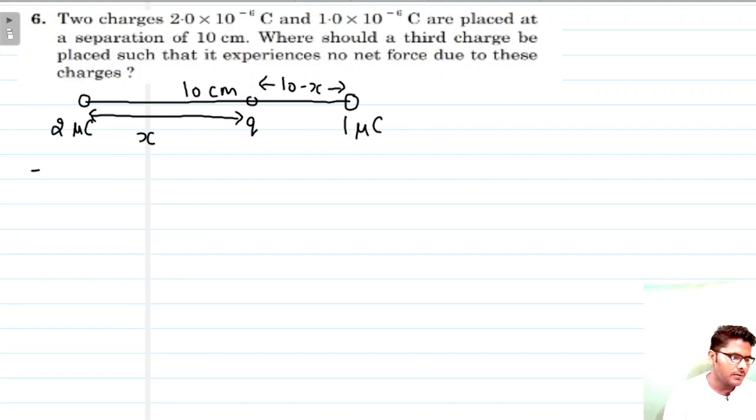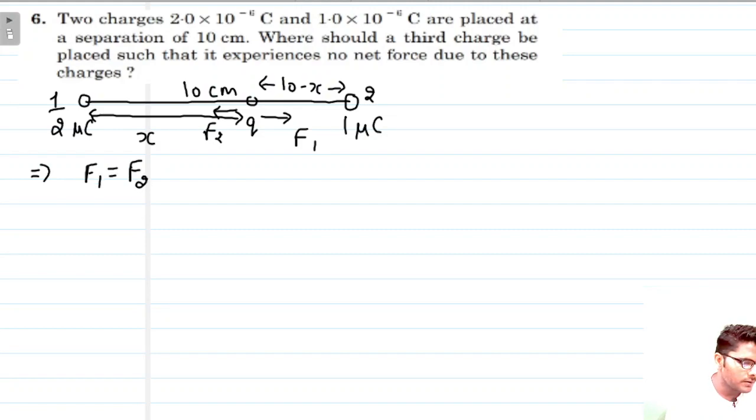So now suppose the force acting on this charge be F1. Let this charge be the first charge and this charge is our second charge. So the force acting on the charge Q due to the second charge is F2. These two forces should be equal so that net force may be 0. So F1 should be equal to F2.